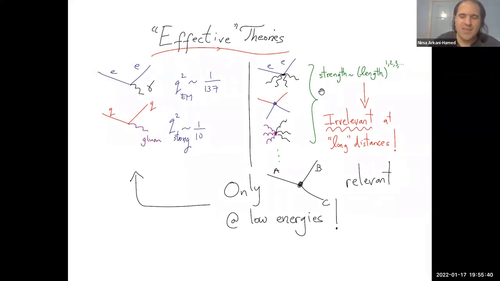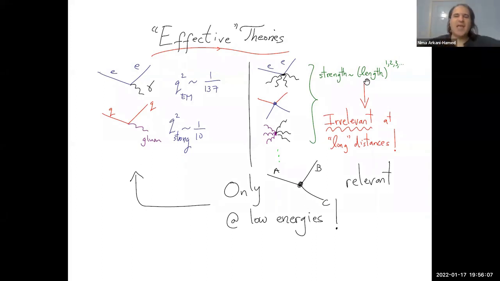And that tells us, by that very simple dimensional analysis, that the strength of any one of these interactions that involves spitting out more photons has to actually have a positive power of some length scale in it. Again, just by units. So all of these interactions, if I have more things coming out other than just 3, all of them have a strength that goes like some length scale to a positive power.